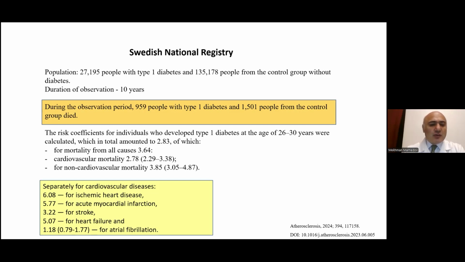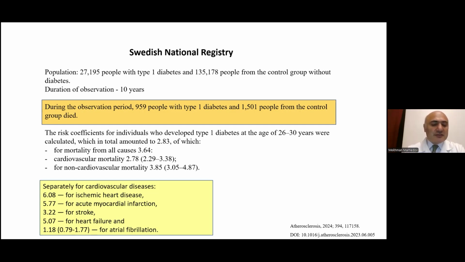The risk coefficients for individuals who developed type 1 diabetes at the age of 26-30 years were calculated, which in total amounted to 2.80, of which for mortality from all causes 3.60, cardiovascular mortality 2.70, and non-cardiovascular mortality 3.85.